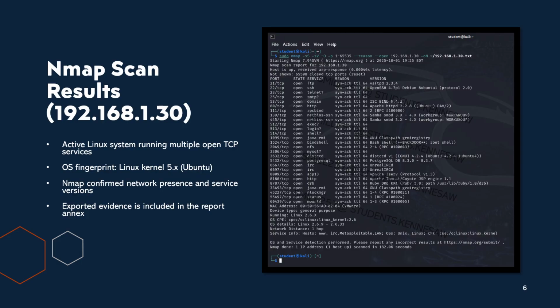This is a screenshot of another Nmap scan from my system that I took for the Linux host. The scan revealed multiple open services, including FTP, SSH, HTTP, Apache Tomcat, and database ports like PostgreSQL. The operating system was fingerprinted as Ubuntu running on a 5.x kernel.